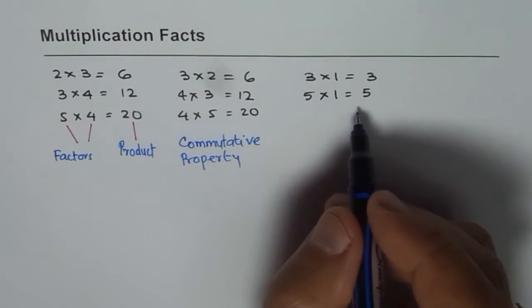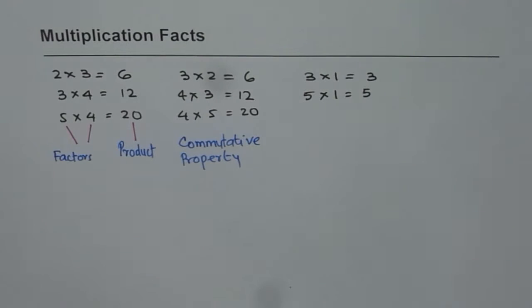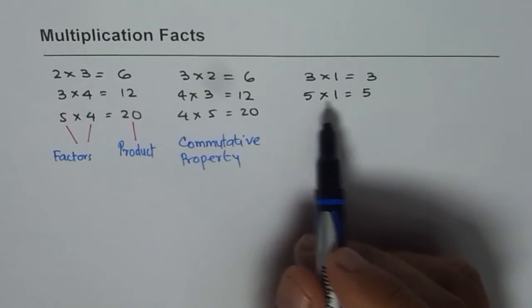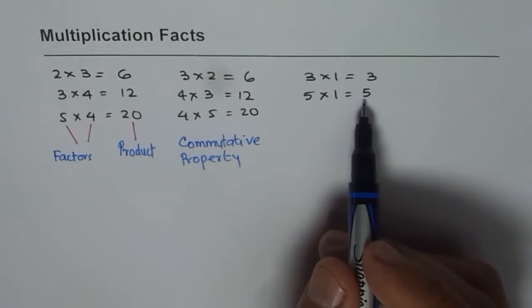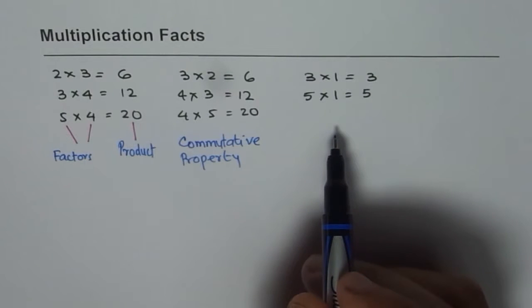And what you also see is, when you multiply two numbers, you may not necessarily get a higher number. You may get a number equal to the highest number of the two factors, or a higher number, right? So it's greater than or equal to, not always greater than, correct?